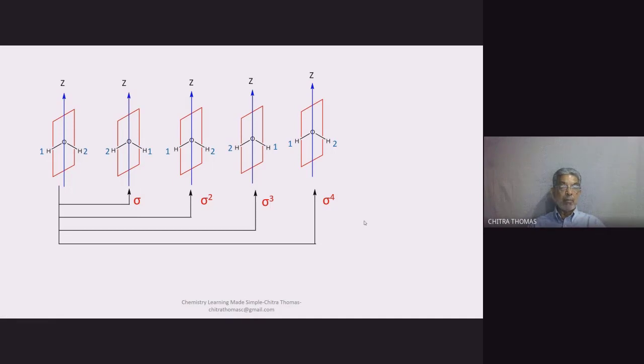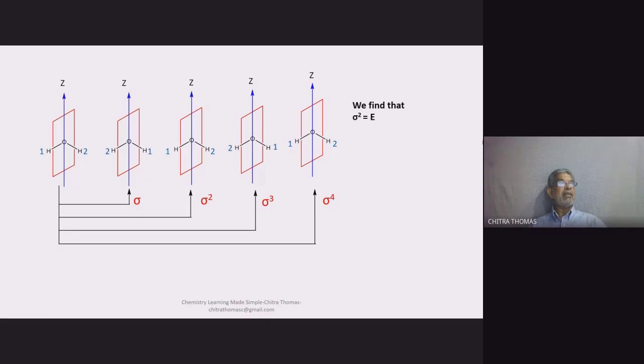Now you compare, all these are symmetry operations. The hydrogen atoms are labeled 1 and 2. Now this configuration is identical to which configuration? You just look at this, sigma 2, sigma to the power 2.